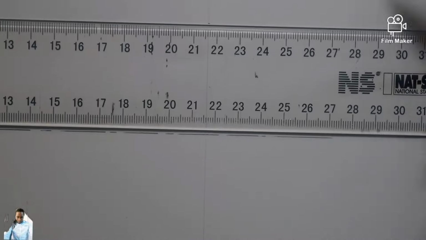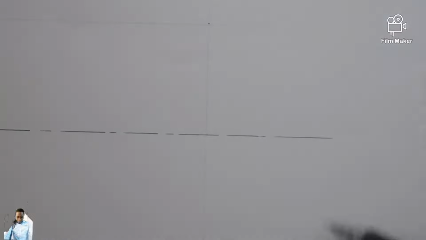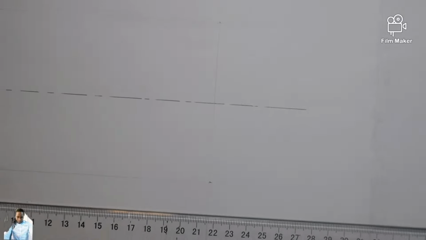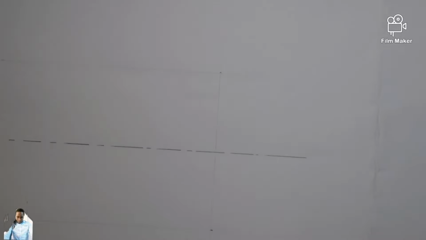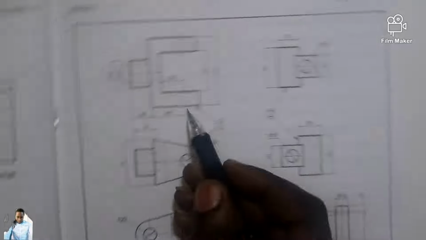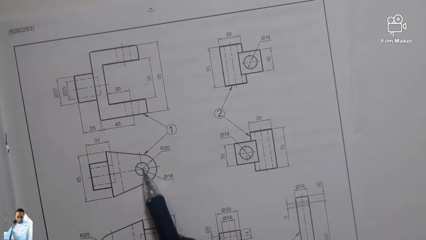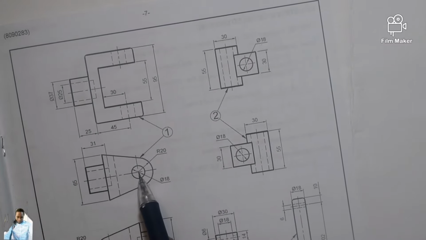Right after I've gotten that, I can go faint like this and faint like this. I hope you can see my faint line. After I've gotten my faint lines, I can say from here till here is radius 20.